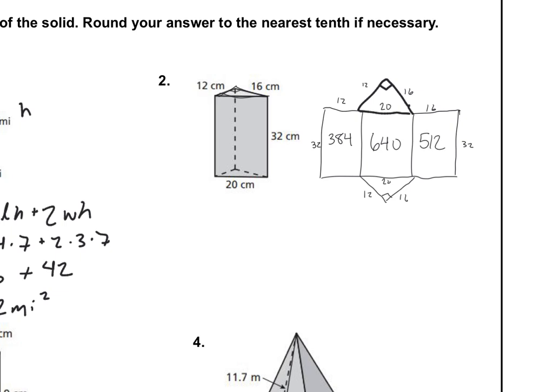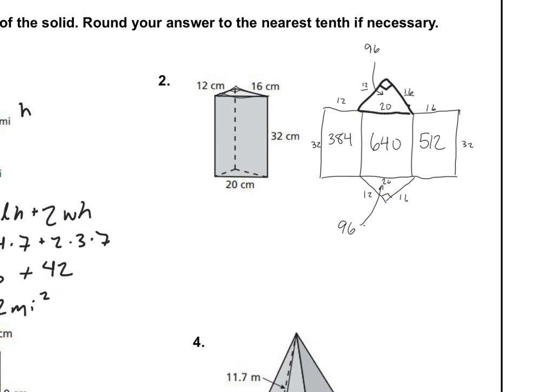Right, for my triangles, I need my base and my height, where my right angle is. We can call either one either, but I'm using 12 and 16. 12 times 16 divided by 2 is 96, and we know that both triangles are the same.